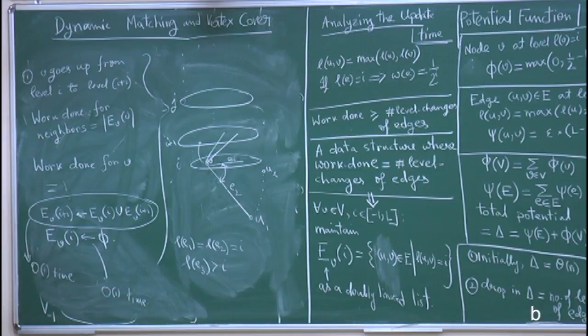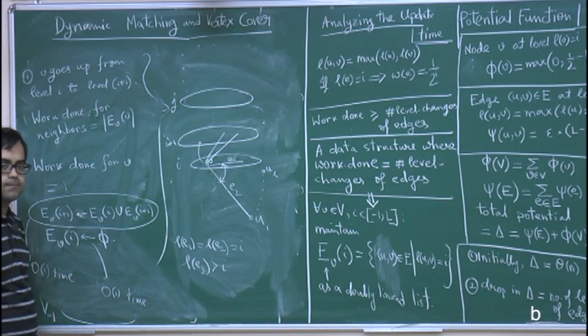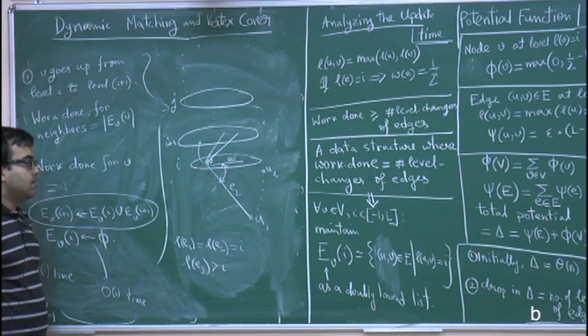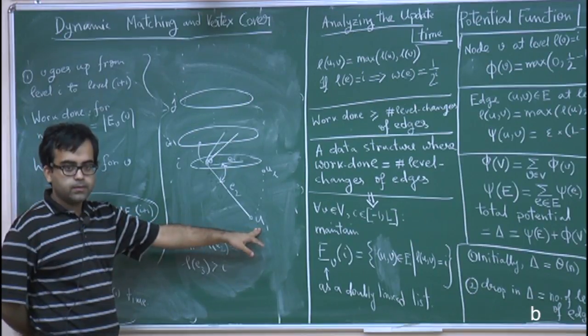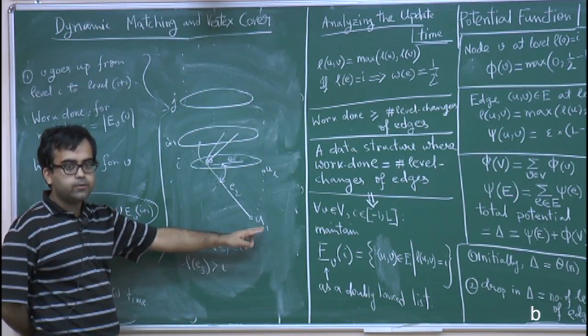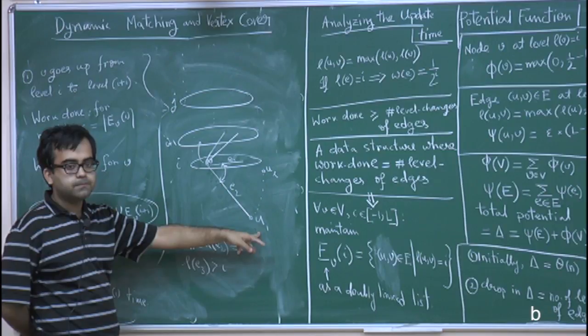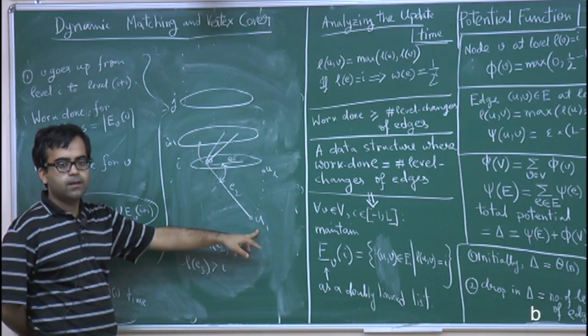Now, don't we need to update EU, the list corresponding to UI? Let us look at U1. How much time will you take to update the list corresponding to U1? Just fix U1.